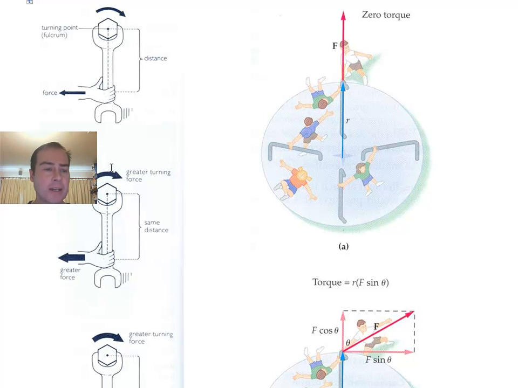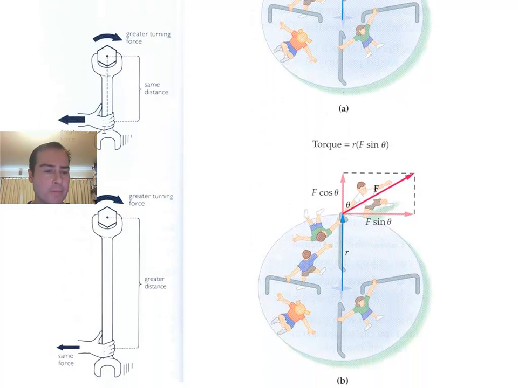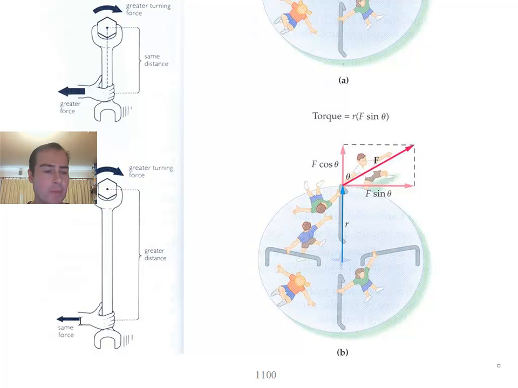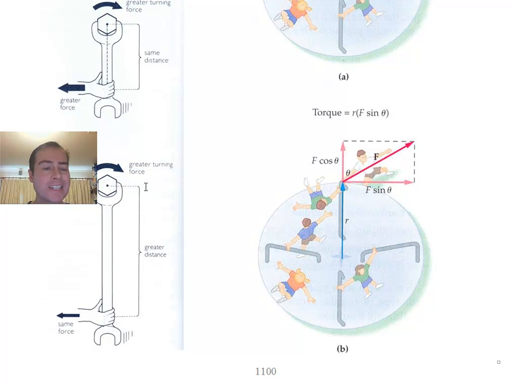Now let's consider going back to the original size force, shown by a thinner arrow in the third diagram, but increasing the distance at which the force acts from the point of rotation. So a longer spanner is being used. And in this instance we see that there's a greater rotational force effect as well.